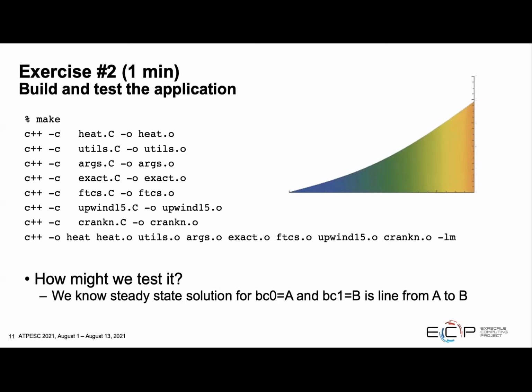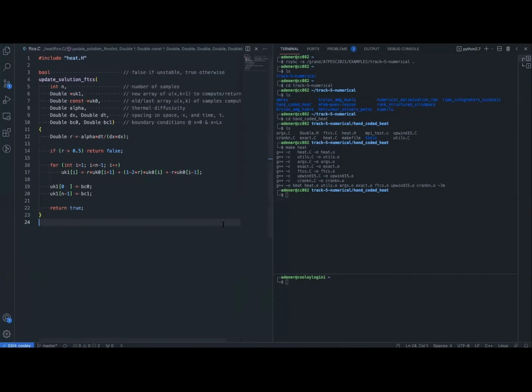So we can just run this problem out to a sufficiently long amount of time and test the result and make sure that it is the correct steady state solution.